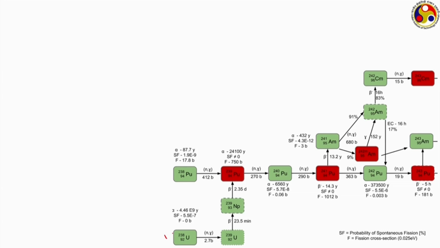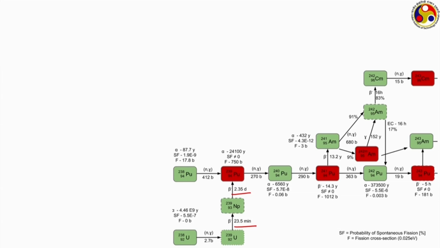This is a more elaborate view of the same. We are starting with uranium 238, which goes through an (n,gamma) reaction to participate in a neutron capture to form uranium 239, which has a small half life of 23.5 minutes. That forms neptunium 239, which has a half life of 2.35 days, which leads to the formation of plutonium 239.